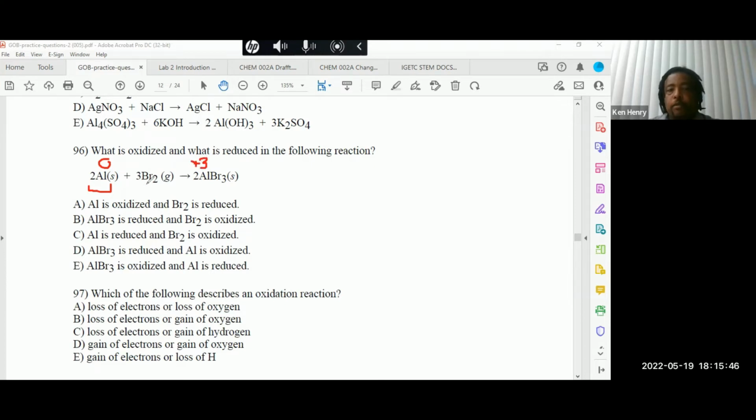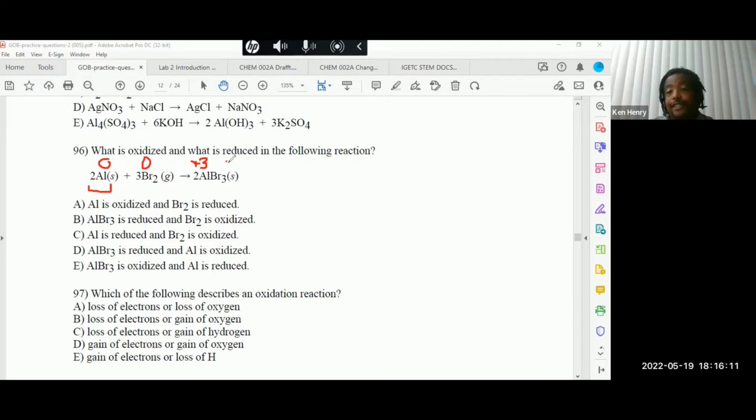Bromine, when it's a diatomic element, has a 0 charge associated with it. But when it forms an ion, what charge does it have? We have 3 of them, so each bromine has what charge?